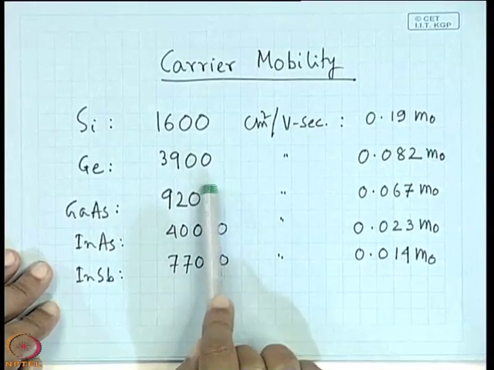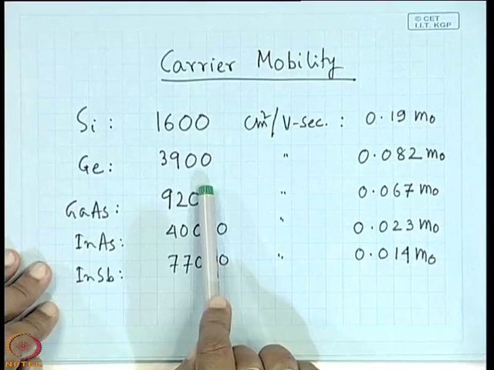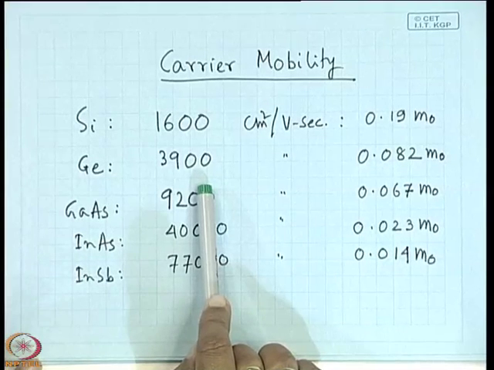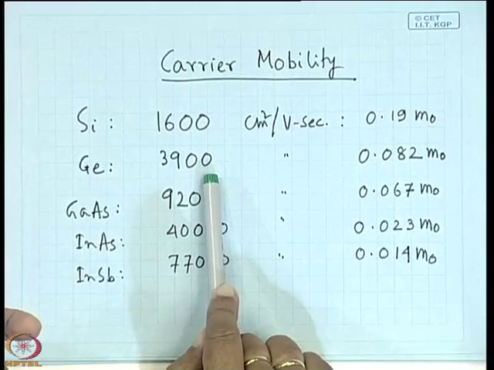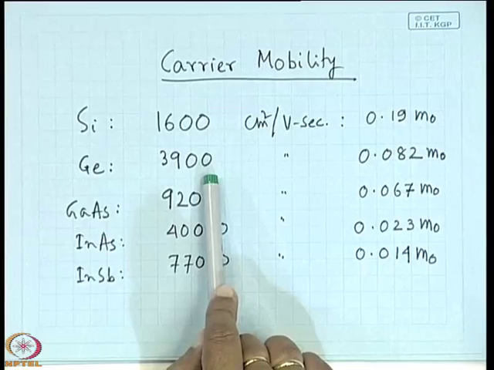So, using silicon germanium you can increase the mobility a little bit, because the mobility will vary from 1600 to 3900. So, you can tune the mobility, that is one part. Another thing is that the band gap of silicon is 1.12 and the band gap of germanium is 0.67. So, you can tune the band gap also from 0.67 to 1.12. Some variation you can make, which otherwise is not possible using silicon. In silicon it is a fixed band gap, 1.12 electron volt, but here you can tune the band gap.